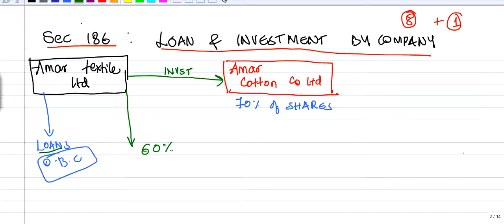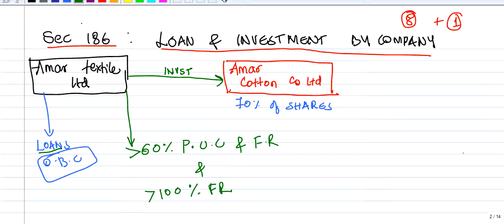It exceeds 60 percentage of the paid up capital and the free reserve, and also exceeds 100 percentage of its free reserve. So in case of paid up capital and free reserve, 60 percentage is exceeded. Only for free reserves, 100 percentage is exceeded.